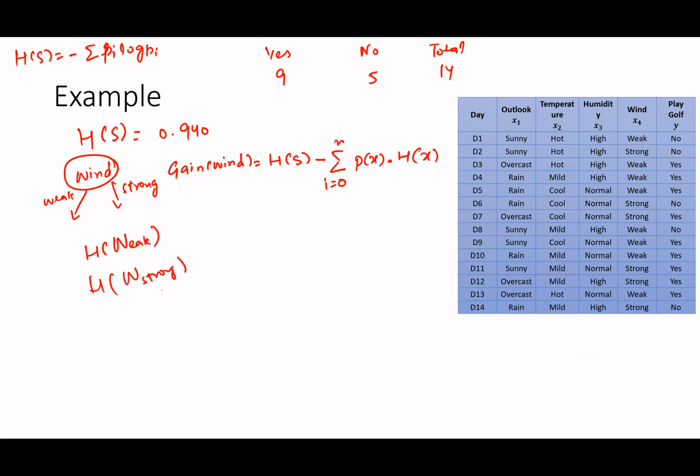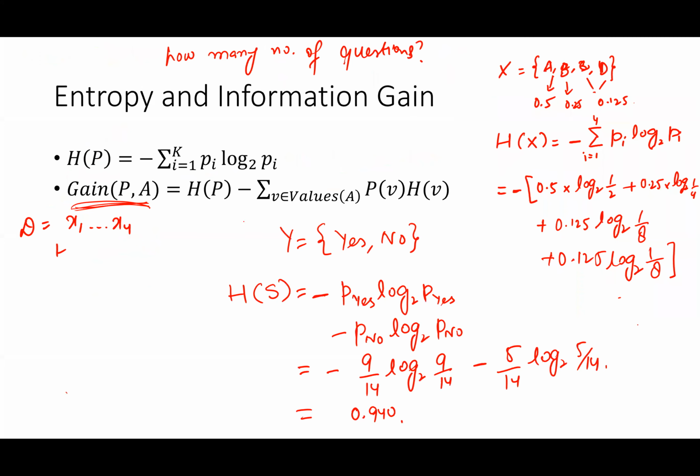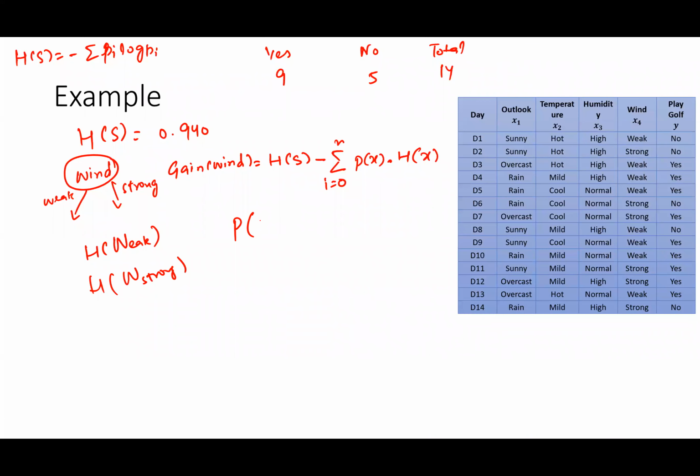Fine, these are the two possibilities which we have to see, and to calculate that we also have to find out the probability of S when the wind is strong, and probability of S when the wind is equal to weak. These are the things which we have to calculate.